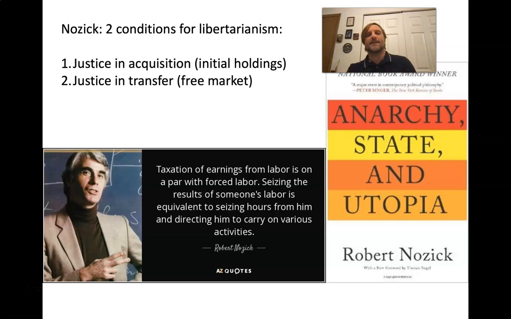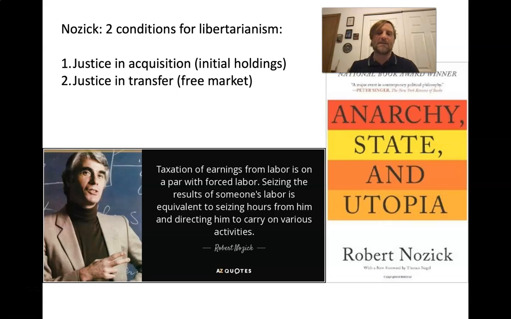One, there must be justice in acquisition, meaning your initial holdings: what you have, you got, say your phone, based upon the work that you've done, and you didn't steal it or something like that. Justice in transfer is kind of similar. You pay for things, you get things through the market as opposed to just stealing and so on. Now, Nozick made a very radical argument where he said that taxation of earnings from labor is on a par with forced labor.